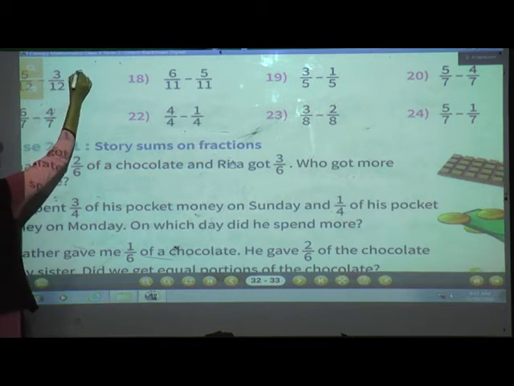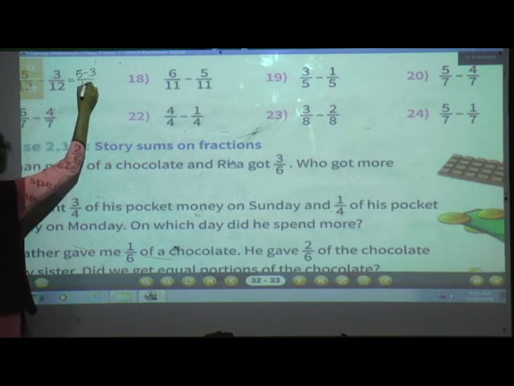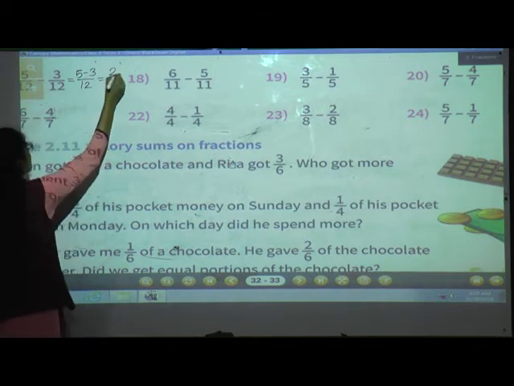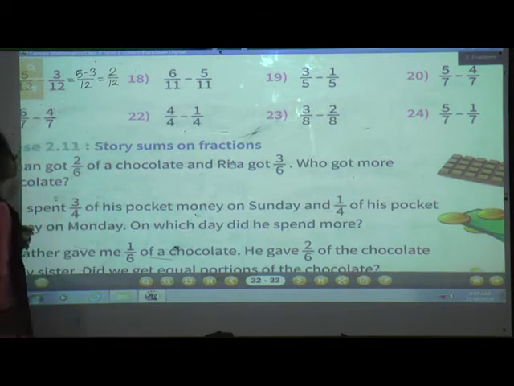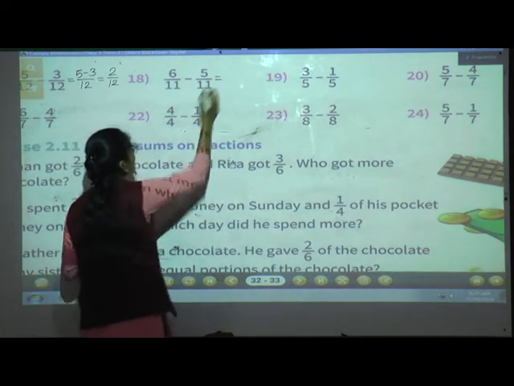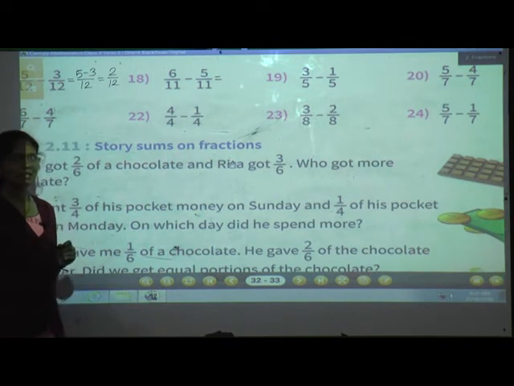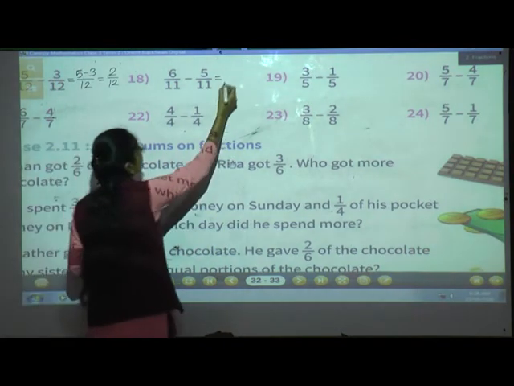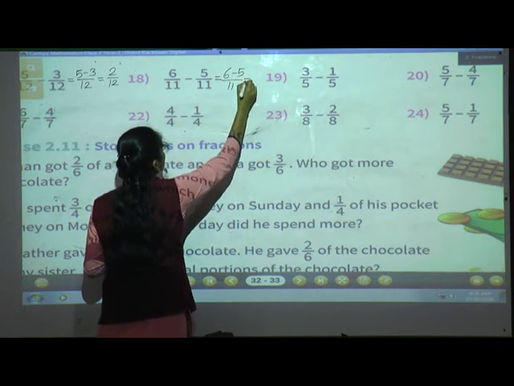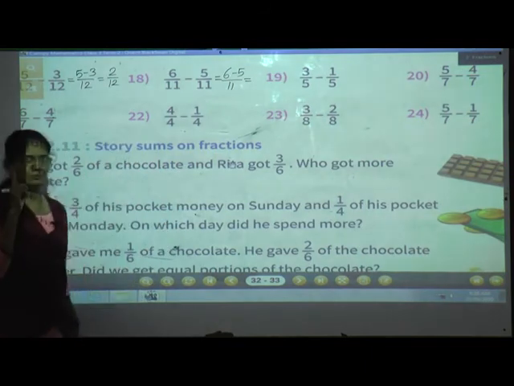Yes, 5 minus 3 by 12 is equal to 5 minus 3, 2. So what is the answer? 2 by 12. Next, 6 by 11 minus 5 by 11 is equal to, yes, 6 by 11 minus 5 by 11 is equal to 6 minus 5 by 11 is equal to 6 minus 5, 1.